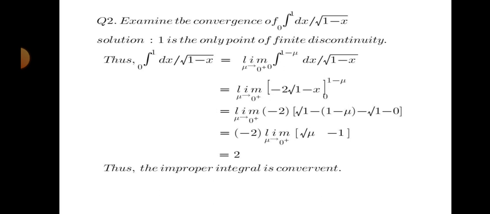This is equal to the limit of minus 2 into the square bracket under root of 1 minus mu minus under root of 1 minus 0 when mu tends to 0, which is equal to minus 2 into the limit of under root of mu minus 1 when mu tends to 0. We get the value 2. We get a finite value, thus the improper integral is convergent.